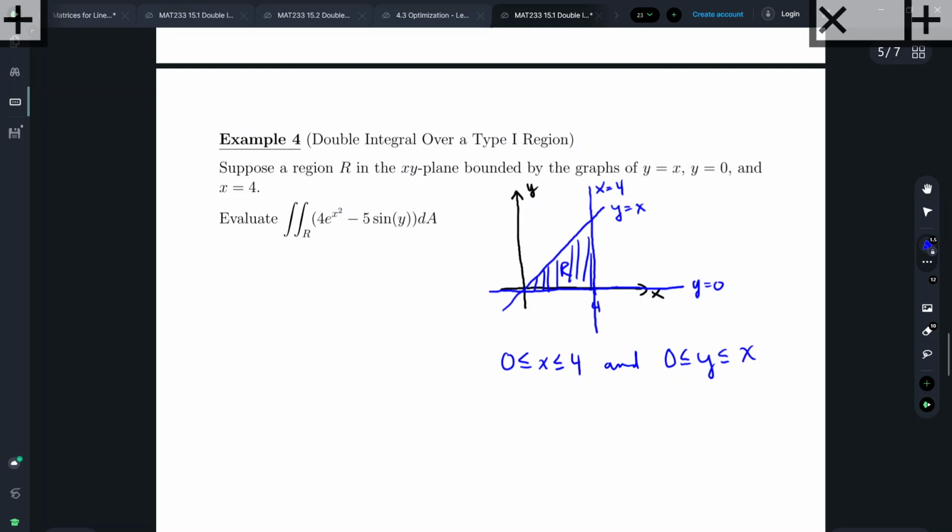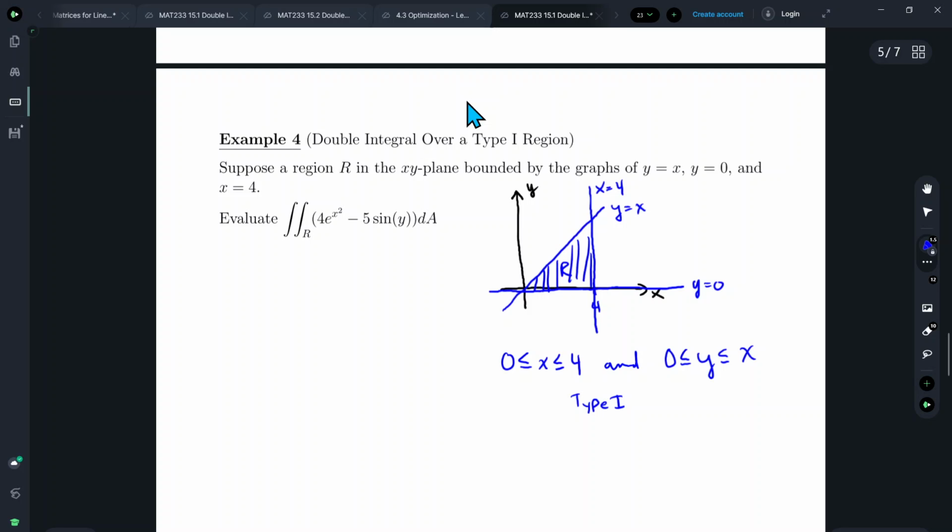So here the top boundary is x. Right, so we see this is the setup for a type 1 region where x varies between two numbers, and even though the bottom boundary for y is a number, the top boundary contains the variable x. Okay, so this is the description of the region.